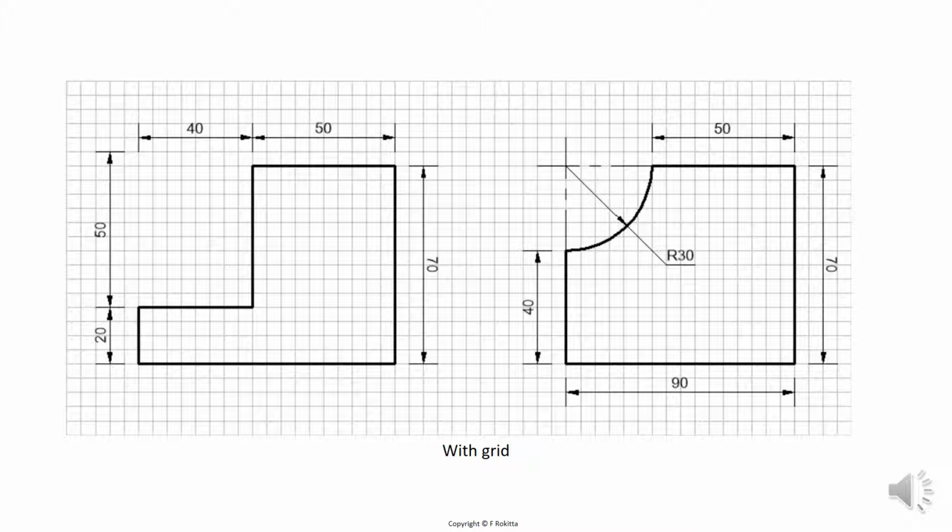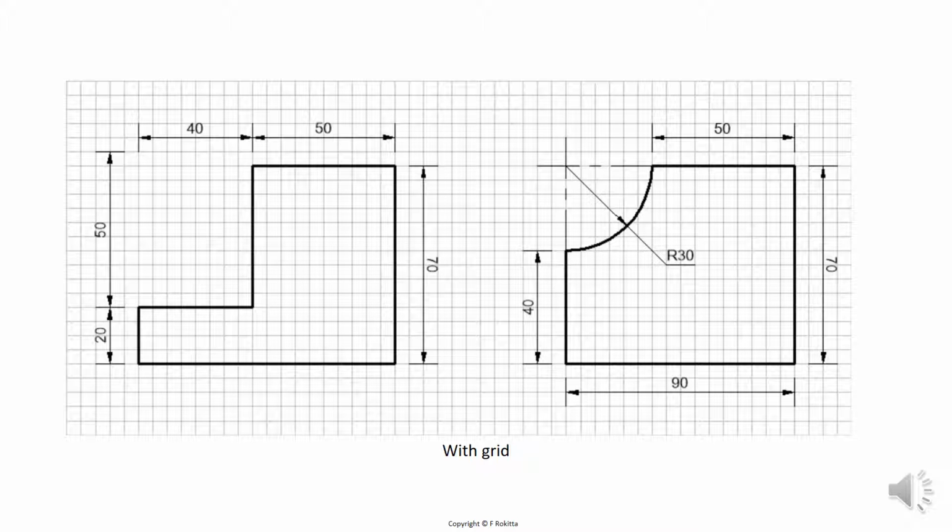We have also added center lines on the right hand side to show where the central point of the arc will be. We also show you how the dimension line will be indicated when the circle has a radius of 30 millimeters.